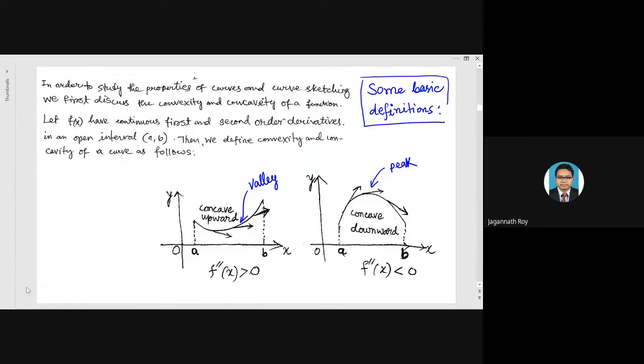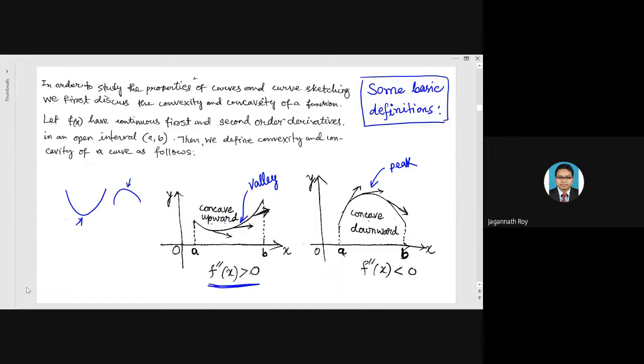So when we see some function is of this form, this position is called a valley type, and if we have this, this is called peak type, mountain and valley. From there this concept has been taken, and the function will be called concave upward and concave downward if they satisfy this relation.